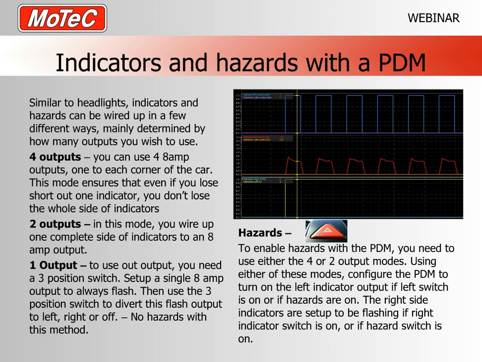So if you need to run hazards as well, you need to use the logic capabilities of the PDM to integrate your indicator function with your hazard function, and therefore you need one of the first 2 modes, the 4 output mode or the 2 output mode, in which case you have another input to the PDM, which is the hazard light, and then you have a logic function which will run the left indicators if the left switch is on, the right indicator if the right switch is on, and all indicators if the hazards are on.